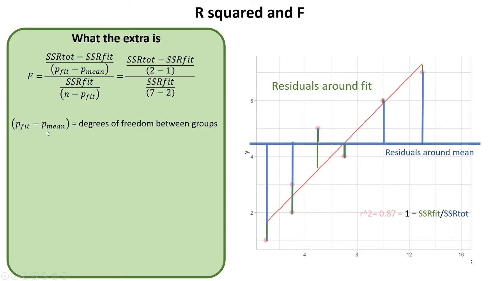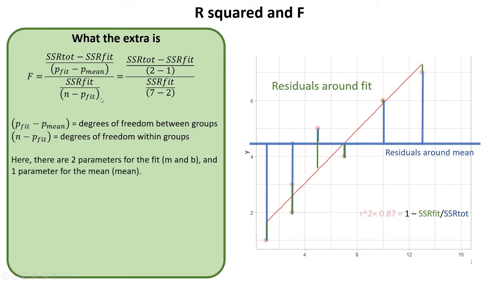So this term p-fit minus p-mean, these p's are degrees of freedom. This is essentially going to be the degrees of freedom between the groups. And here, this is going to be the degrees of freedom within the groups. So here, for this linear regression that I'm showing, there are two parameters in the fit, m, the slope, and b, the slope-intercept.